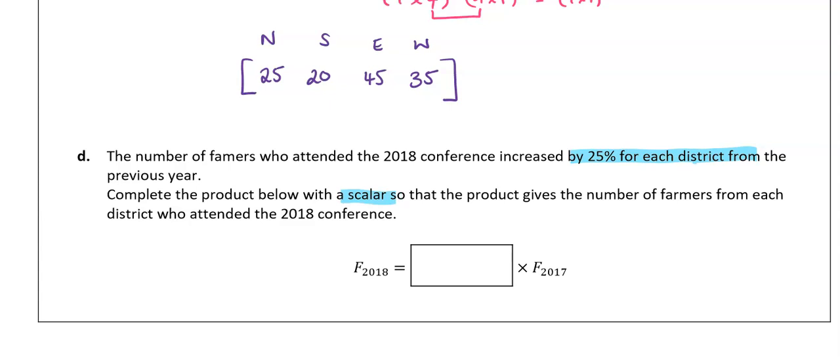So we just need to multiply everything in this 2017 matrix by the same value. That value, we have an increase by 25%. So much like before, increase by our percentage means we're doing 1 plus 25 over 100. So our big R value is what our scalar value is. And so we can say we should multiply that by 1.25.